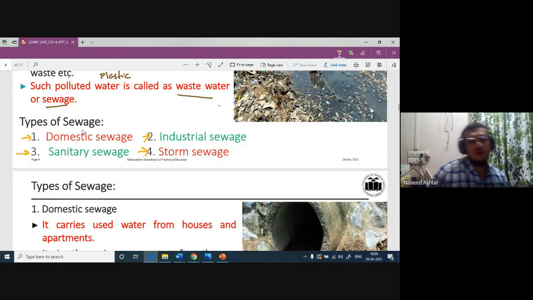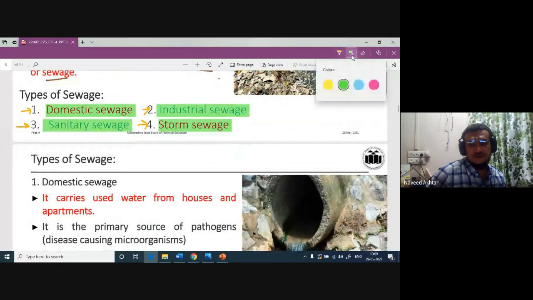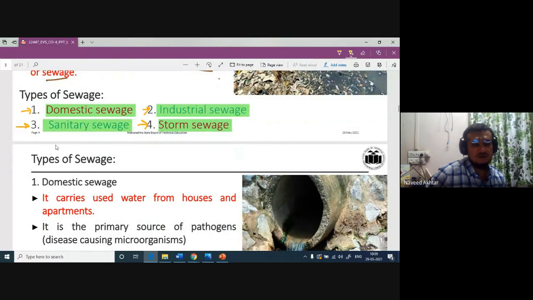So these are the four types of sewage you can see here: domestic sewage, industrial sewage, sanitary sewage, and storm sewage.